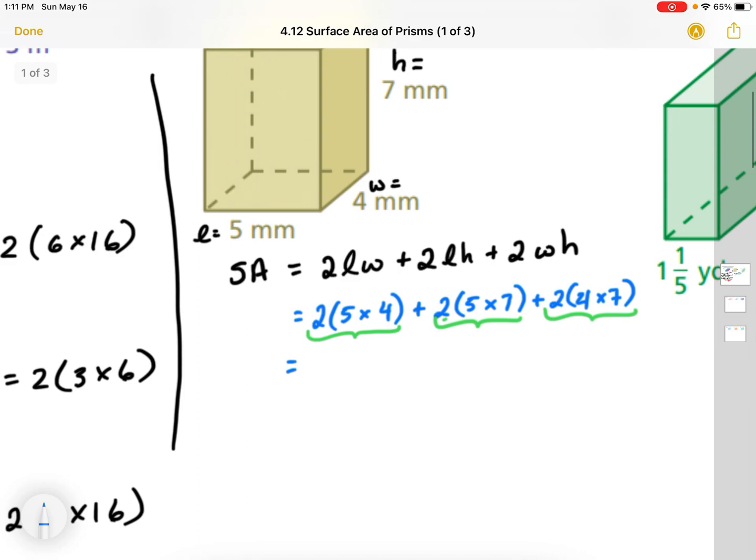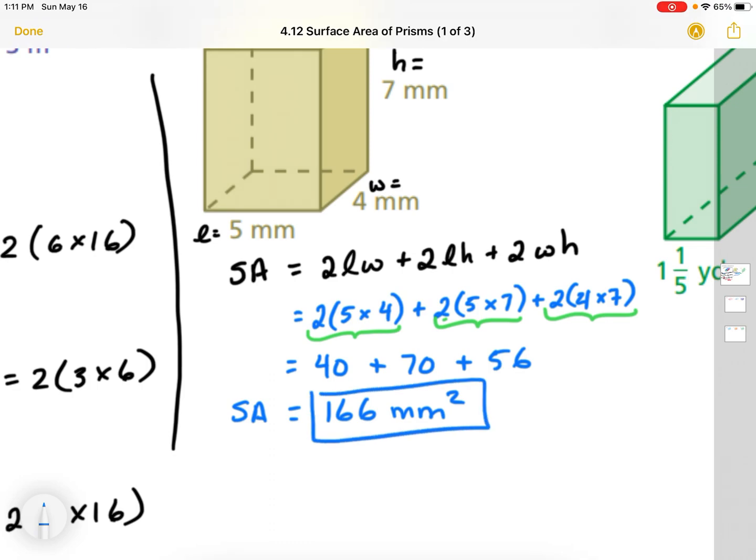So when I do that, I'm going to get 2 times 5 times 4, so 40. 2 times 5 times 7, 70, plus 2 times 4 times 7, which is 56. 40 plus 70 plus 56 is 166 millimeters squared. So this would be my surface area, and we like to put a box around it.